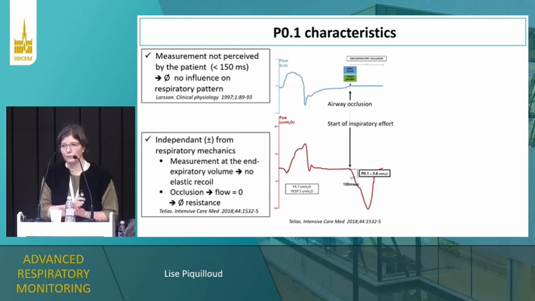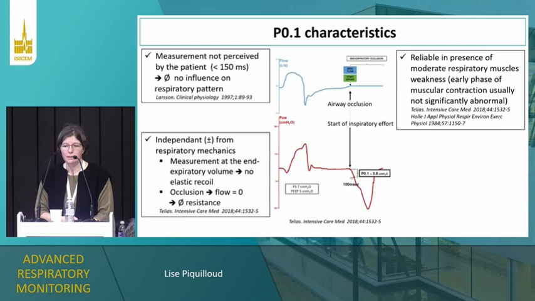That means that the value is independent from the respiratory mechanics, independent from resistance, because there is no flow, because it's occluded, and independent from compliance, because we are at the very start of inspiration and there is no volume in the lung. Then this is independent from respiratory mechanics.